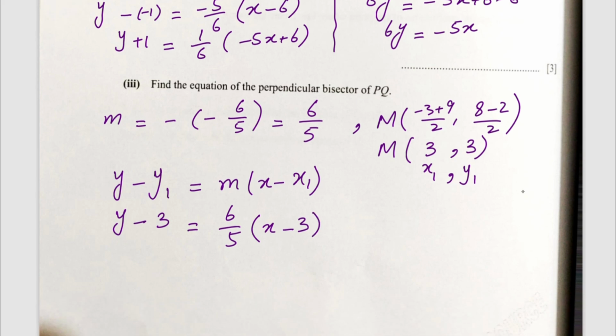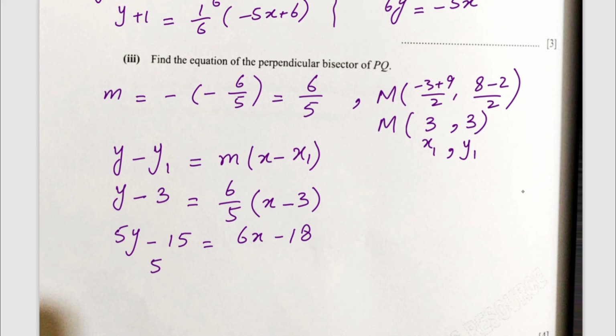Now the 5 dividing on the right side, when it comes on the left side, will be multiplied. 5y - 15 is equal to 6x - 18. 6 will be multiplied inside the bracket. So 5y will be equal to 6x - 18 + 15. So 5y will be equal to 6x - 3. So this is the equation of the perpendicular bisector of PQ.